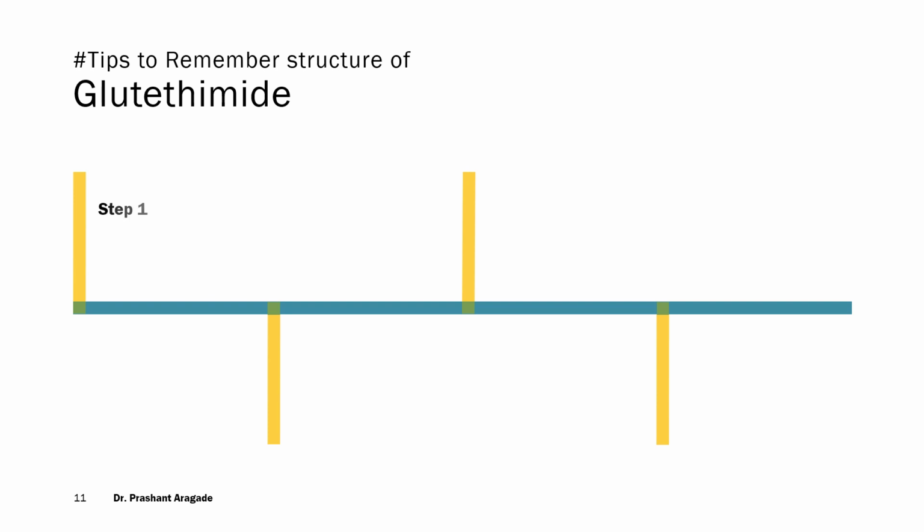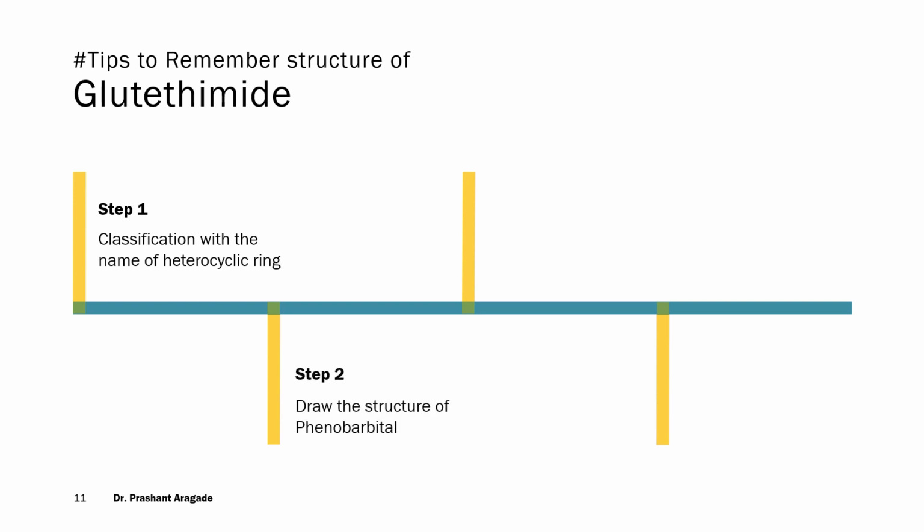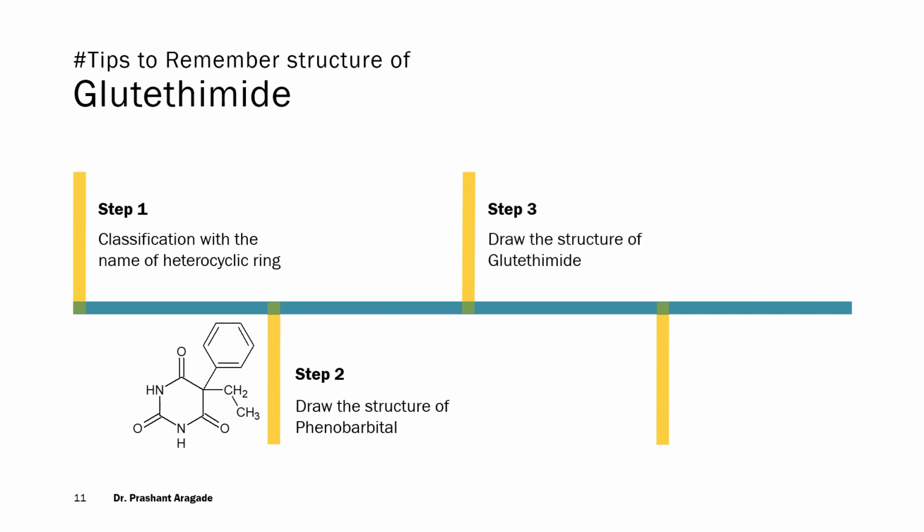Step number 1, write the classification with the name of the heterocyclic ring. Step number 2, draw the structure of phenobarbital just like this. Step number 3, draw the structure of glutathione just in front of the structure of phenobarbital just like this.